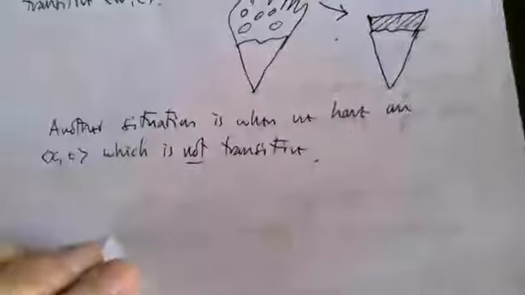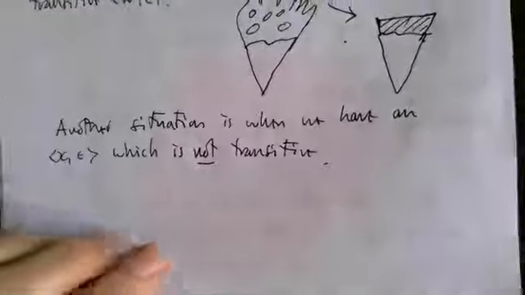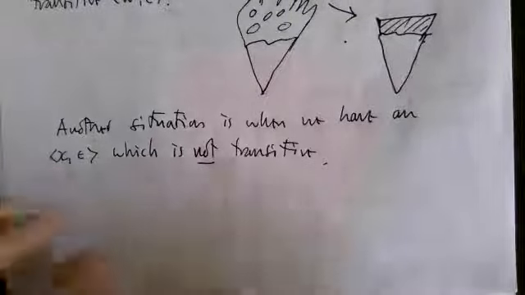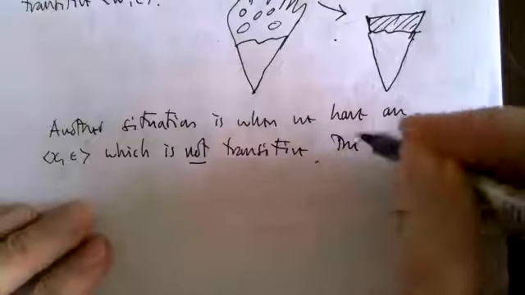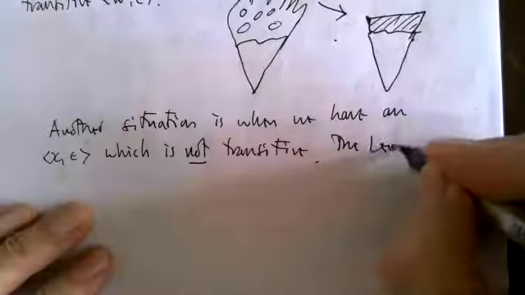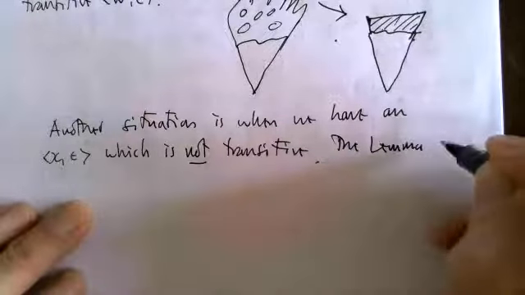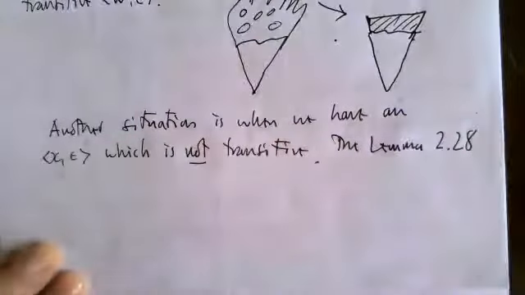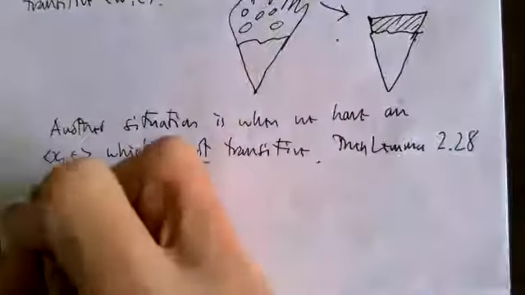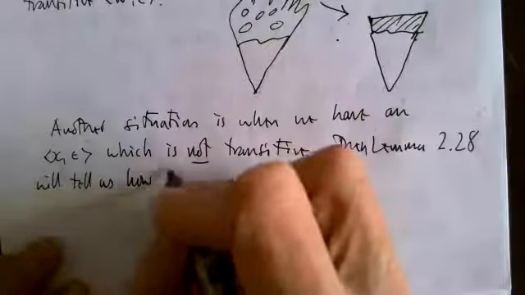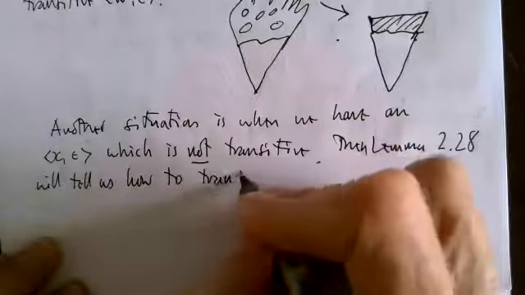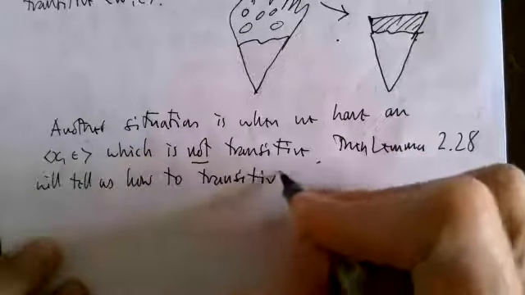What the lemma, lemma 228, then does is tell us how to transitivize X epsilon, how to squeeze the air out of the holes.